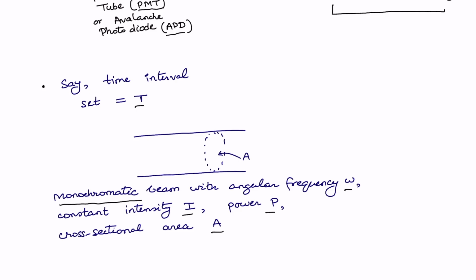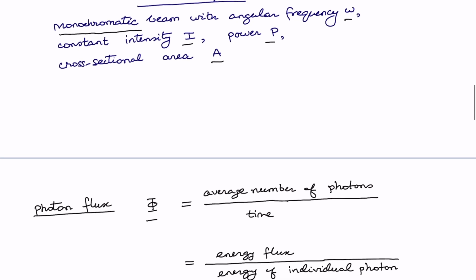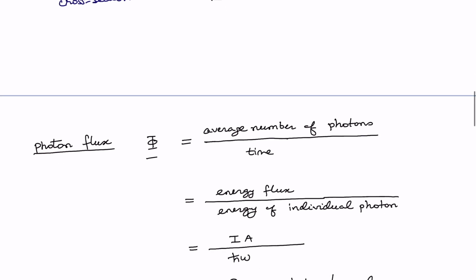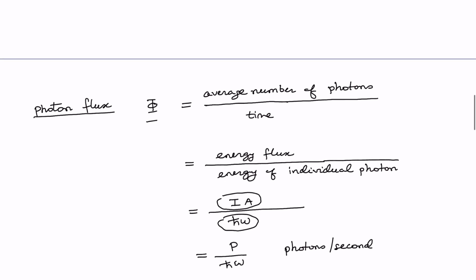Then the photon flux, which is denoted by the symbol phi, can be defined as the average number of photons passing through the cross-section in unit time. This can also be expressed as the ratio of energy flux to the energy of the individual photon. The energy of the individual photon is h bar omega, and the energy flux is I into A, where I is the intensity and A is the area.